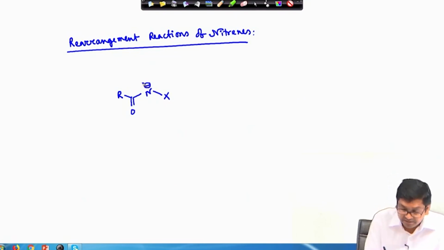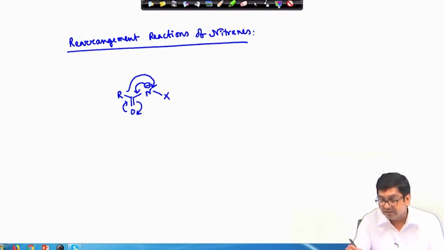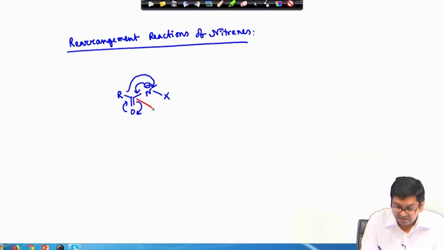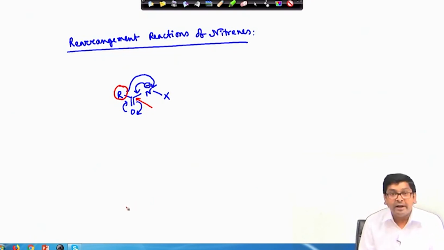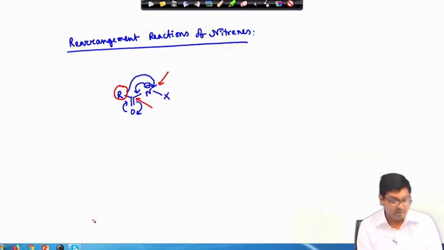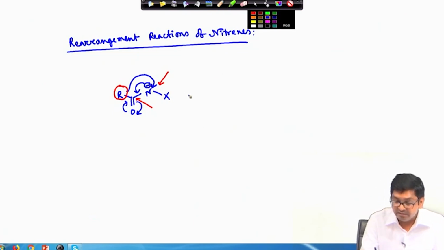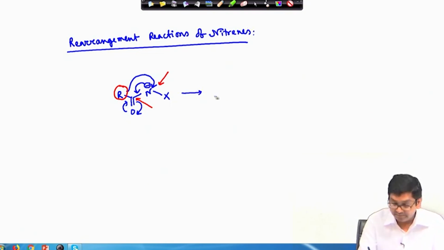If we see the rearrangement in general, it will happen in this way. In this 1,2-migration, this is the adjacent carbon, and the associated group or atom will be migrated to the electron deficient nitrogen center over here. Overall, it will give this isocyanate species.